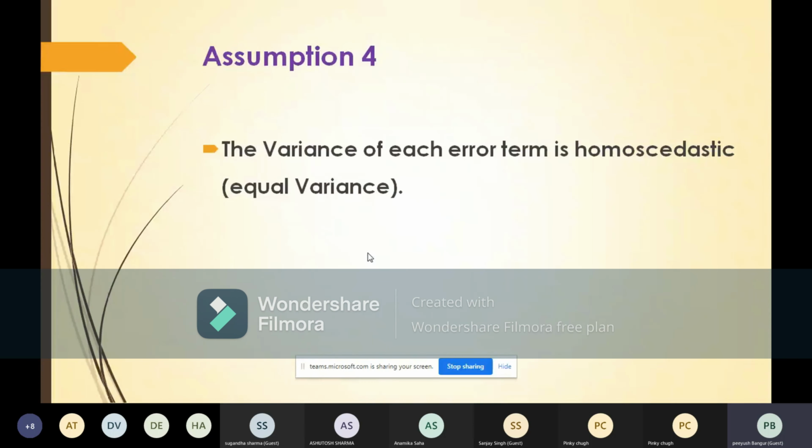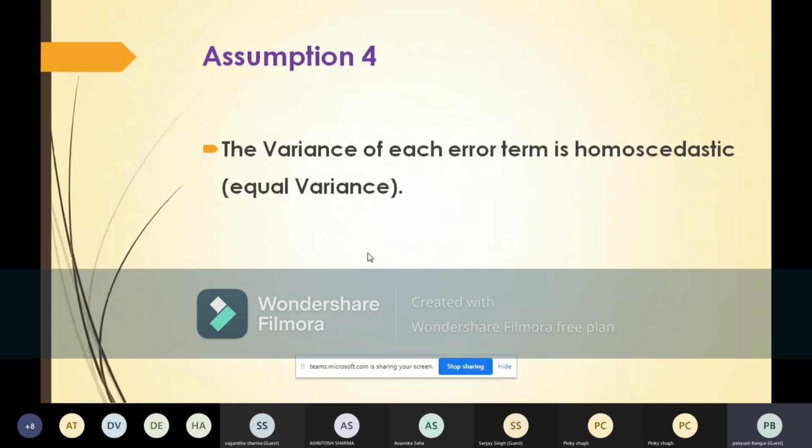error term. Again, I am repeating, we generally check the assumption of no heteroscedasticity rather than the presence of homoscedasticity. As far as I know, there is no tool in the EViews software to examine homoscedasticity. But there are some equations which tell you whether your error term is heteroscedastic or homoscedastic. So homoscedastic says that there is equal variance, while heteroscedasticity says there is unequal variance.